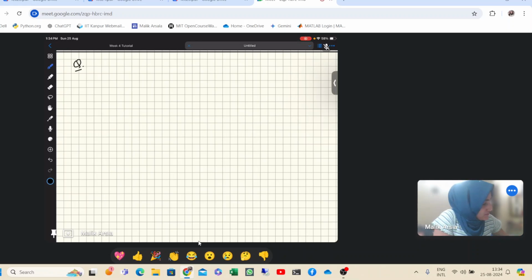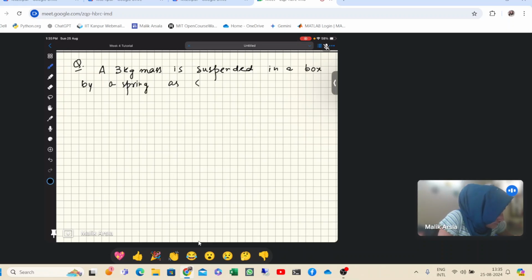Okay, so look here, a 3 kg mass is suspended in a box by a spring, as shown in figure.